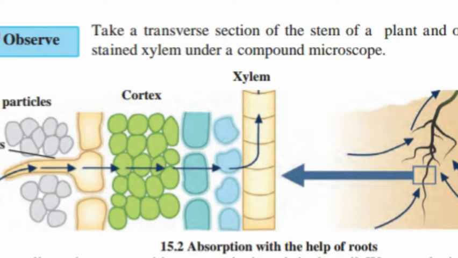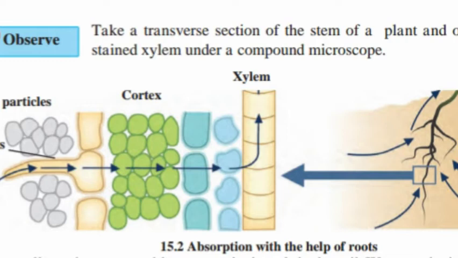Xylem is a conducting tissue which conducts water. This pressure is sufficient to lift the water up in small plants like shrubs and small trees. This was about the absorption with the help of roots.